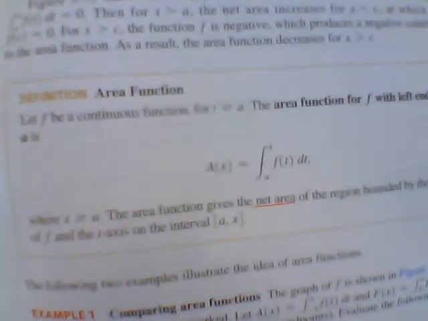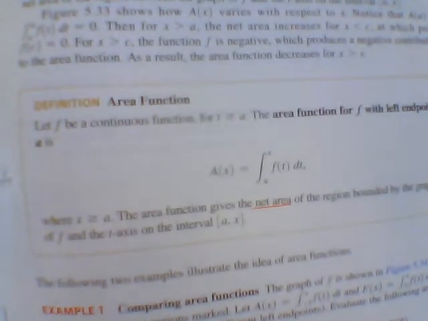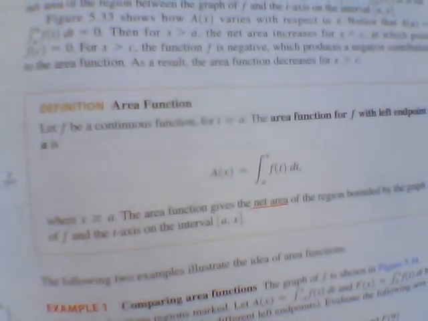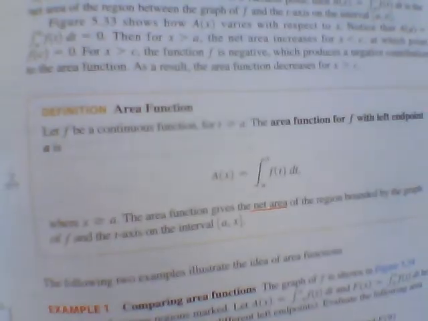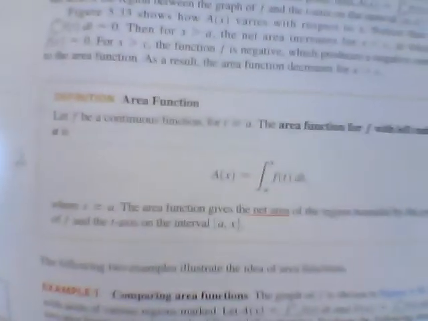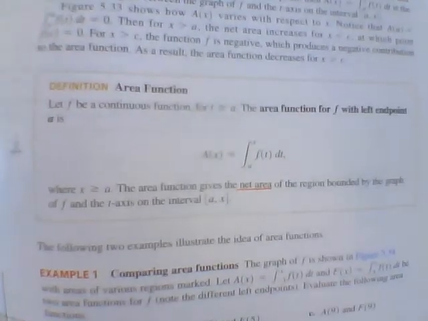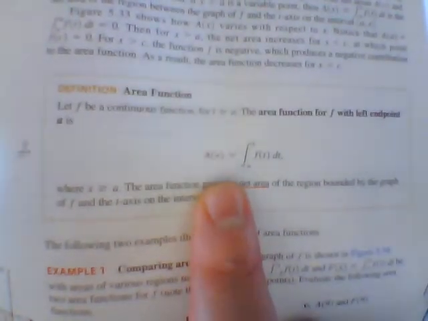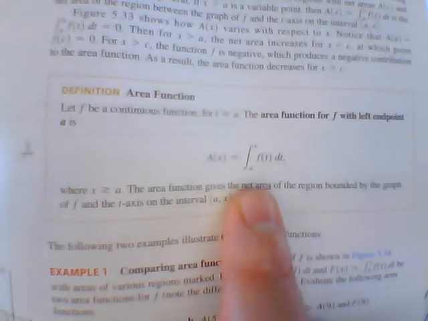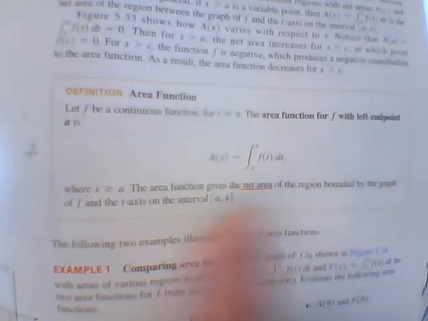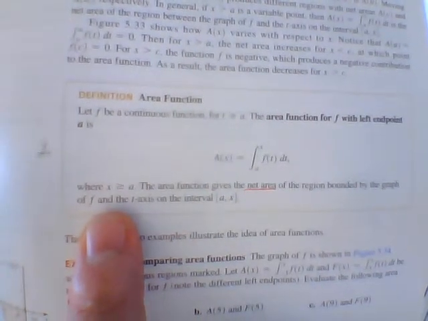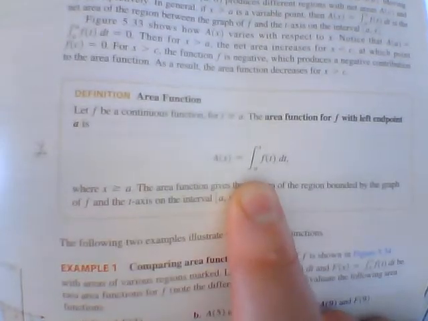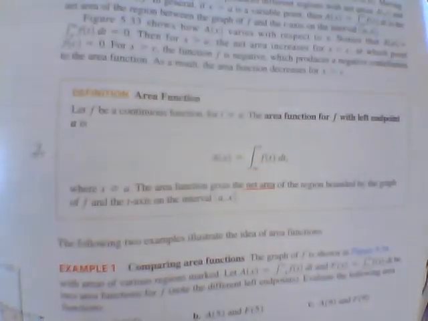This definition says, let f be continuous for t greater than a. The area function of f with left endpoint a is given by A of x equals the integral from a to x of f of t dt, where x is greater than a, so a is the lower bound and x is some upper bound.